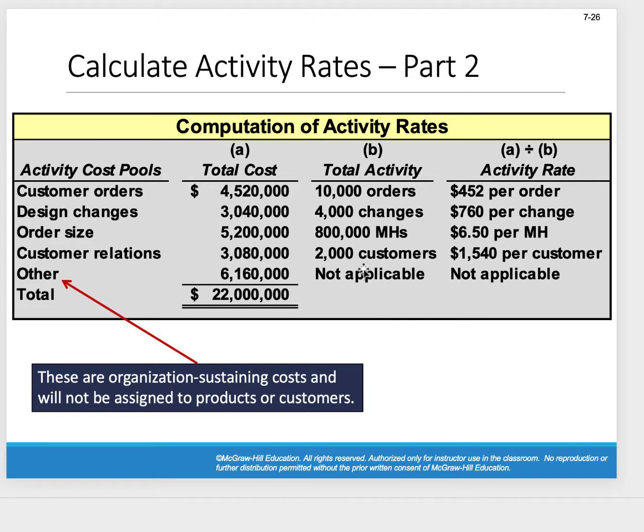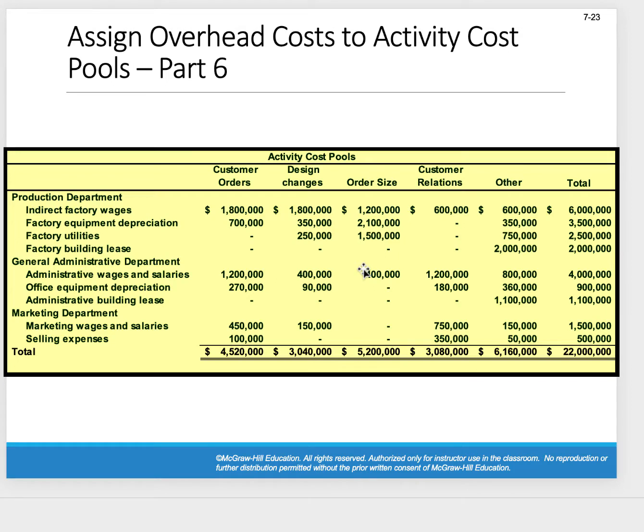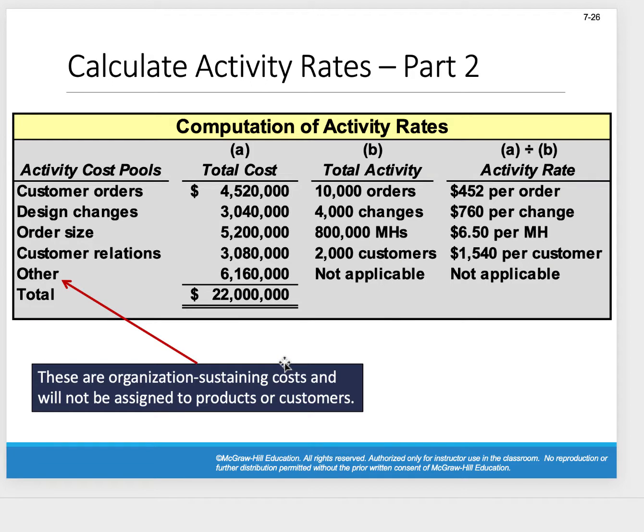Okay, so here's the chart, if you will, that we're going to use. Okay, so again, this is step 3, calculating the activity rates. We take the total cost for each activity, right? Remember, we got that from this right here. Okay, and this is step 2. Okay, so we take the totals from step 2 and we figure out what our activity cost rates are.